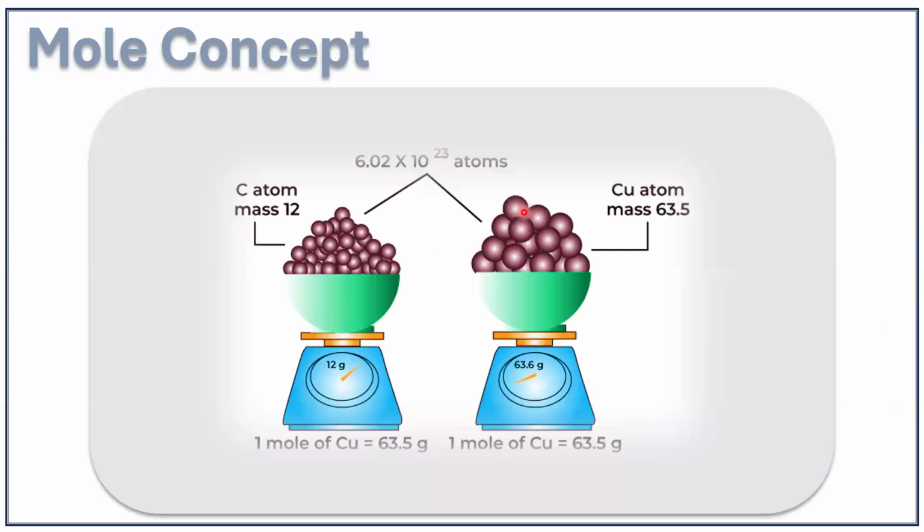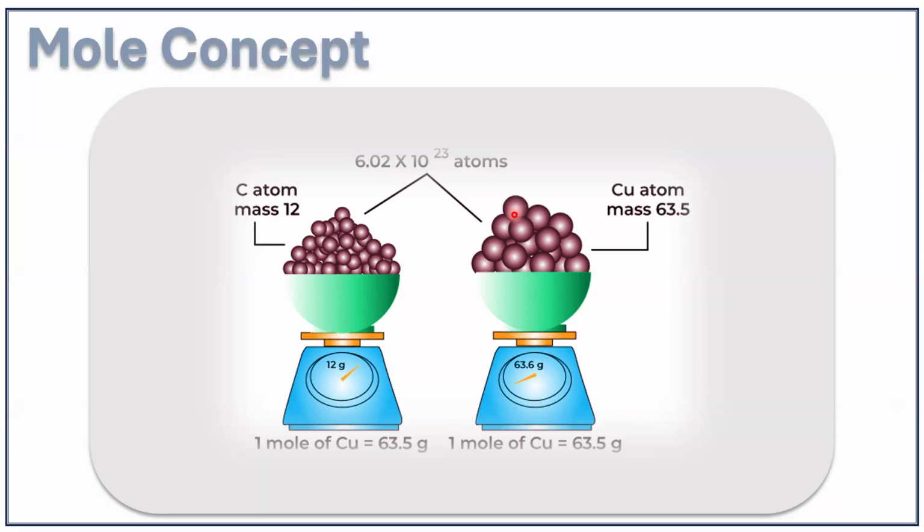When I say 1 mole, I need to say whether it is atoms, molecules, or ions. So if someone asks, I have 1 mole of copper and 1 mole of carbon, which weighs more? Say that I have 1 mole of carbon atoms in a particular vessel.